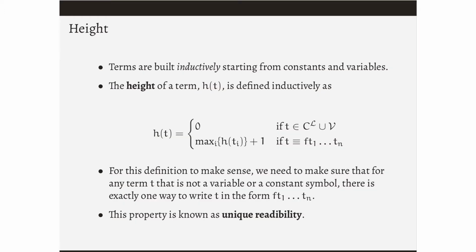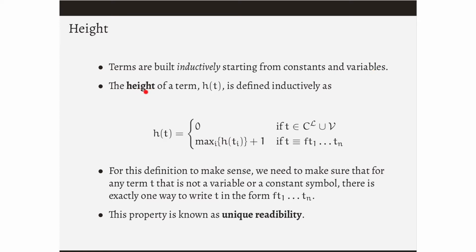One thing you probably noticed when you saw the definition of terms is that terms are built inductively, starting from constants and variables. And that allows us to define a complexity notion on a term, which is called the height of a term, which reflects the depth of its definition: how far back do you have to go to get to the starting building blocks of constants and variables.